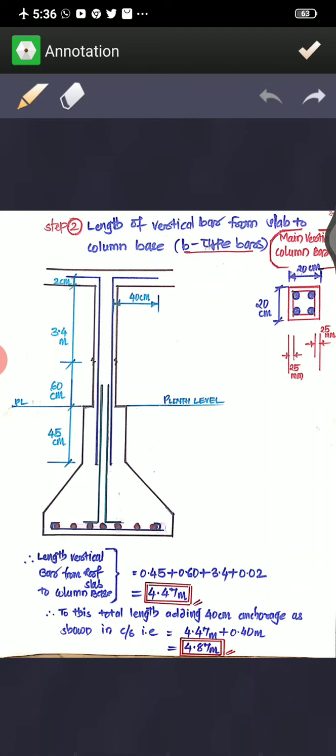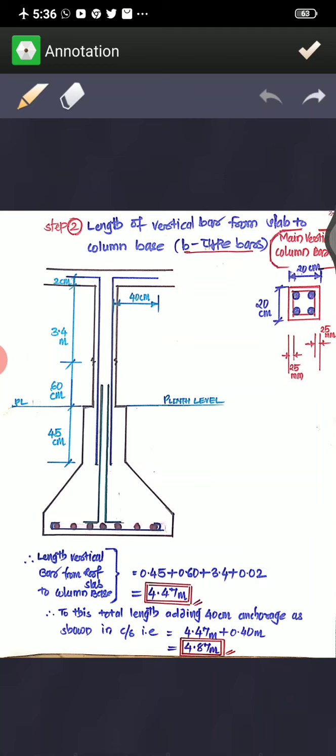That is what I have shown here. The length of the vertical bar is 0.45 plus 0.60 plus 3.4 plus 0.02, which is what is inserted into the slab, 2 centimeter. So you have 4.47 meters.